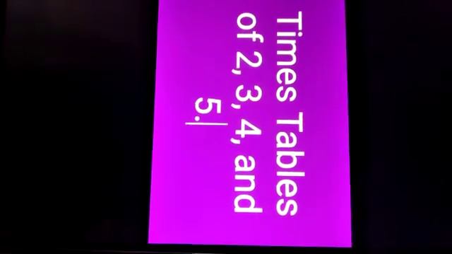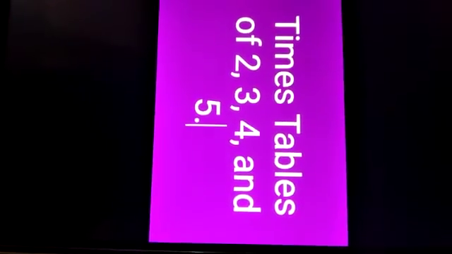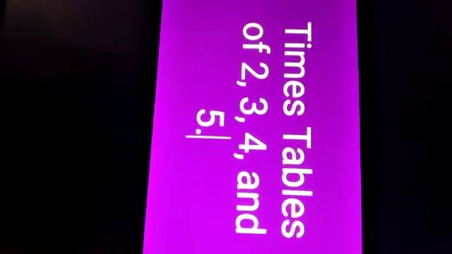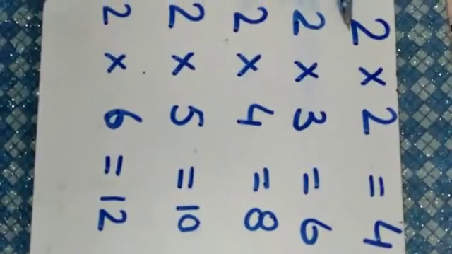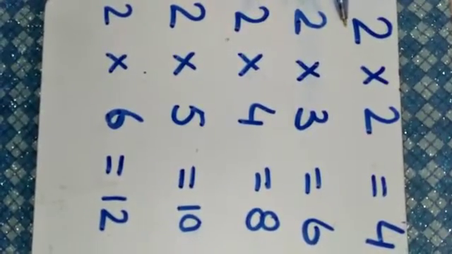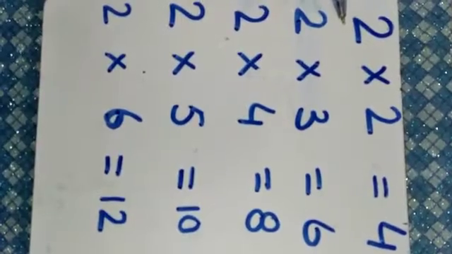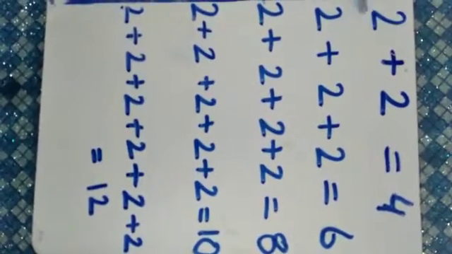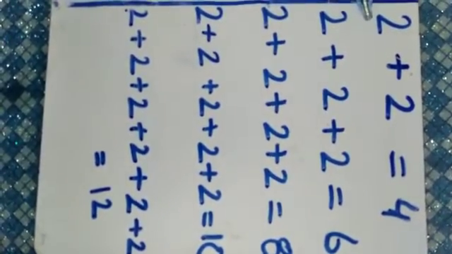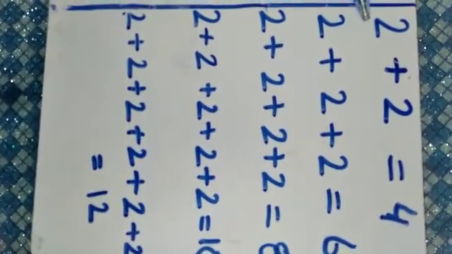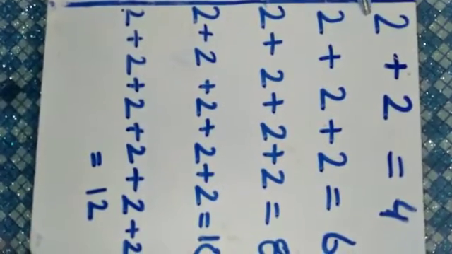For example, if we are doing multiplication of 2 and 2, 2 multiplied by 2 is equal to 4. It means 2 two times, that is 2 plus 2 is equal to 4.